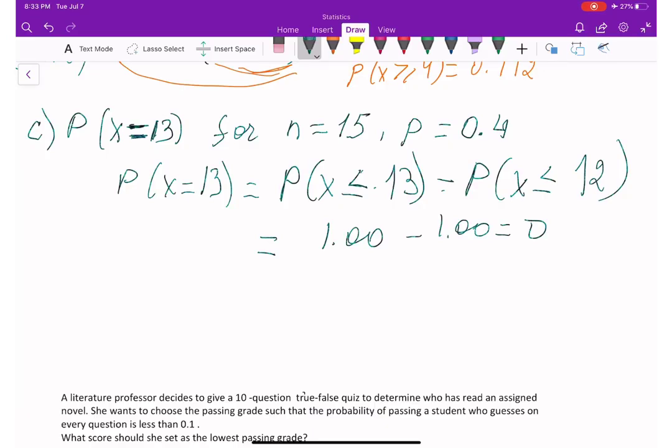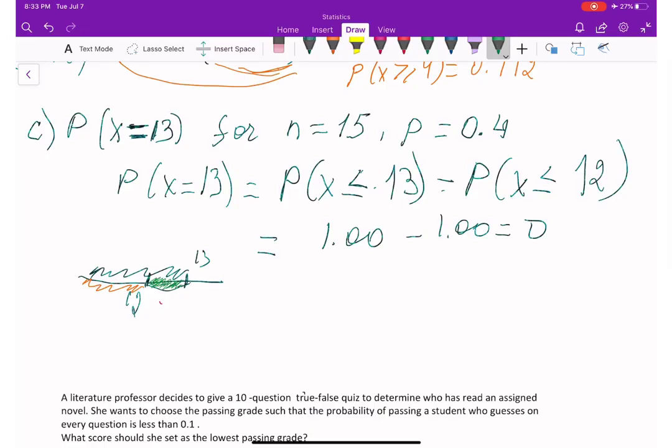So look here, let me show you. This is my 13. This is my 12. I want to know how much my 13 will be. So less than or equal to 13 is this, less than or equal to 12 is this. If I subtract from each other, I will get the piece I am interested in, right? This one.